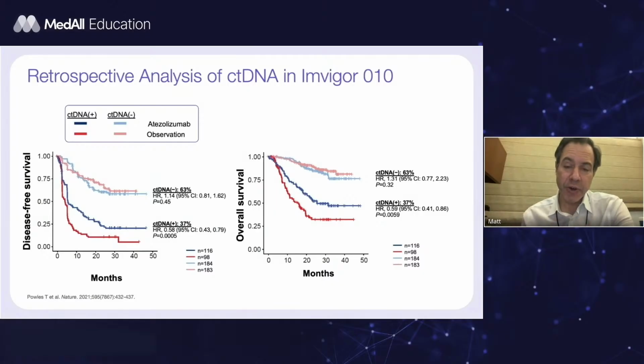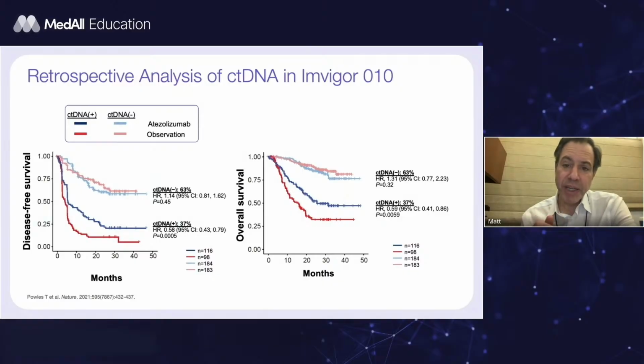And you can see here in the first Kaplan-Meier curve, disease-free survival, the second overall survival, the curves are stratified according to ctDNA status, with patients with ctDNA undetectable assays on top, ctDNA positive assays on bottom, and then each curve indicates patients who were on the atezolizumab in blue versus the observation arm in red.